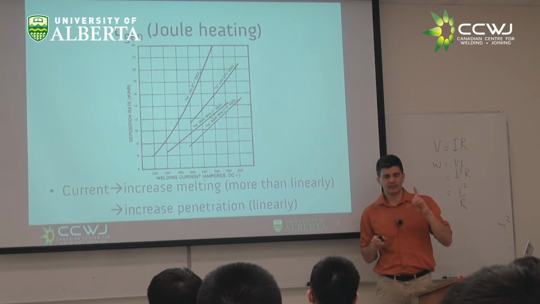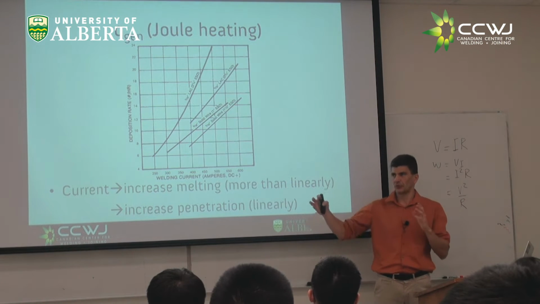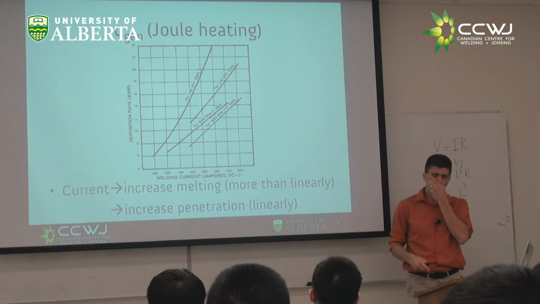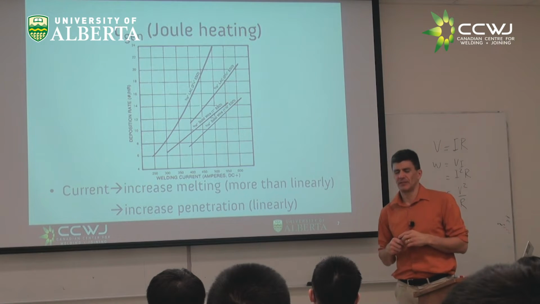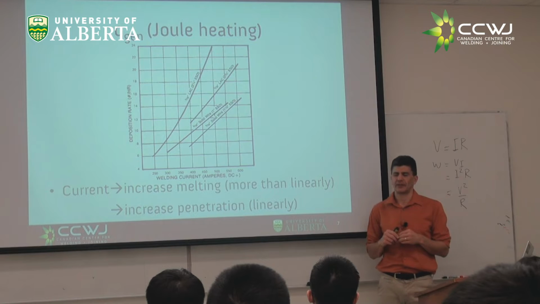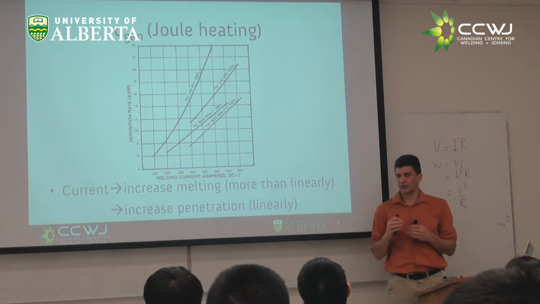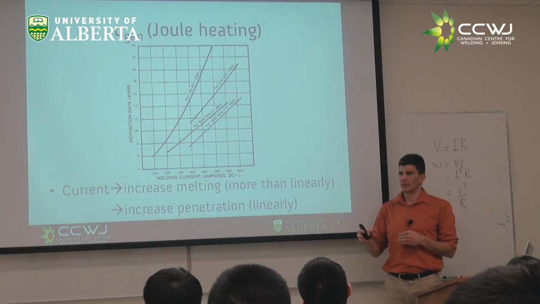It would increase, right? This is the formula that I hope you'll remember, that resistance is proportional to the length. Now, if my resistance increases at a given current, am I generating more or less Joule heating? More Joule heating, right? Therefore, with more stick out, I should melt more wire.